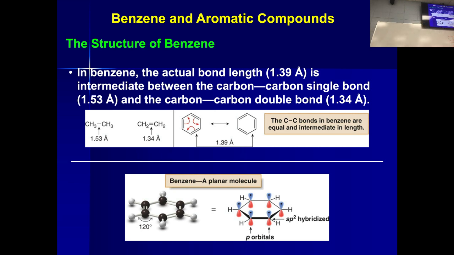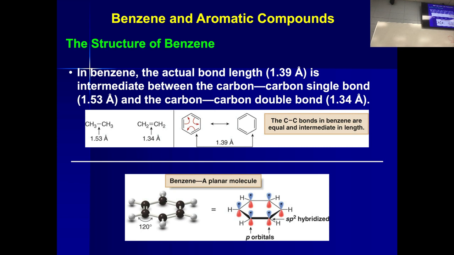If I look at a carbon-carbon double bond in my magic microscope, I would see that the bond length is about 1.3 angstroms. And when I take my benzene molecule and look in my magic microscope, I would find that the bond lengths, all of them, are about 1.4 angstroms. Just about 1.4 angstroms.